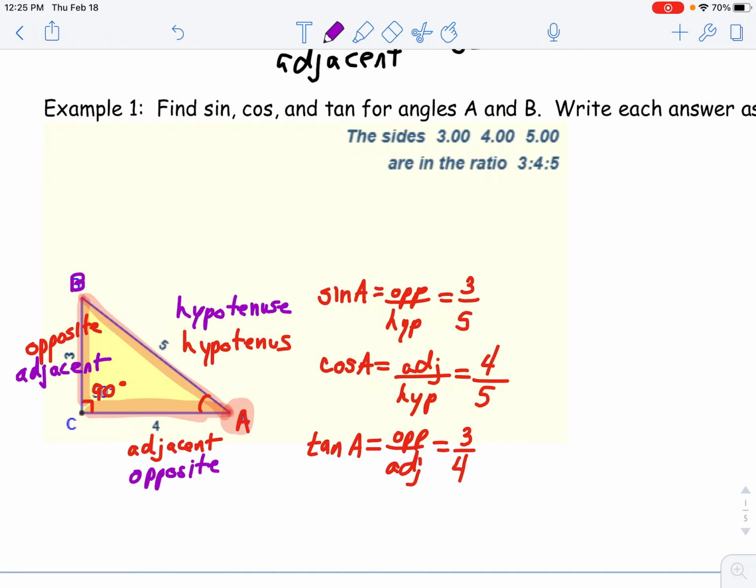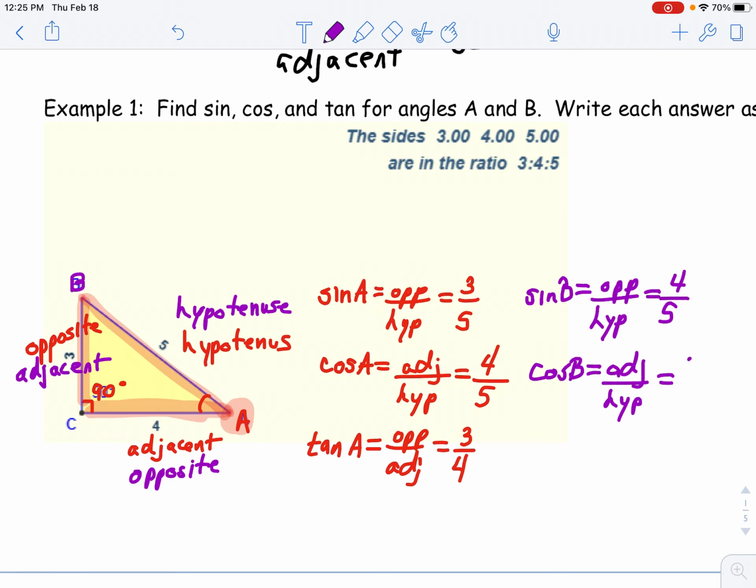All right, maybe you can try this on your own, or maybe you can just stay tuned and listen. But technically, you might be able to do this now. Again, sine is going to be opposite over hypotenuse. Now the opposite side is 4. The hypotenuse is still 5. Cosine of angle B is now adjacent over hypotenuse.